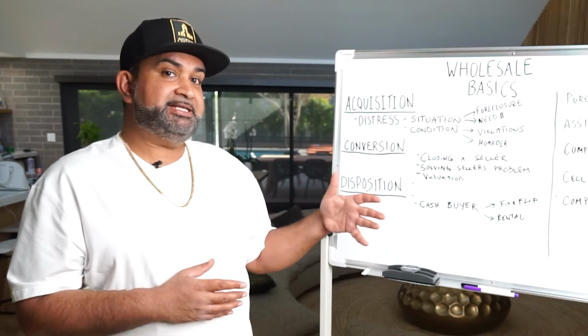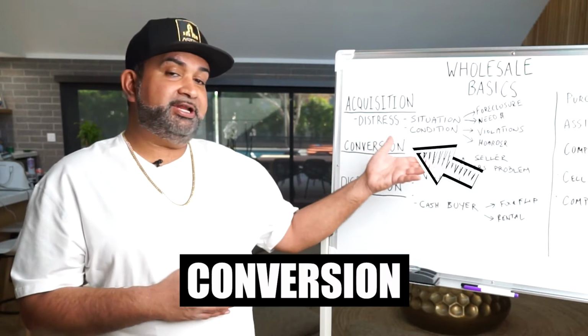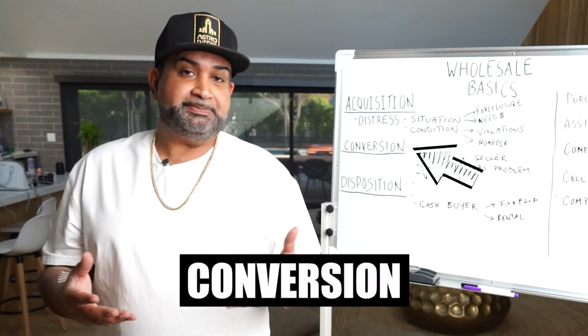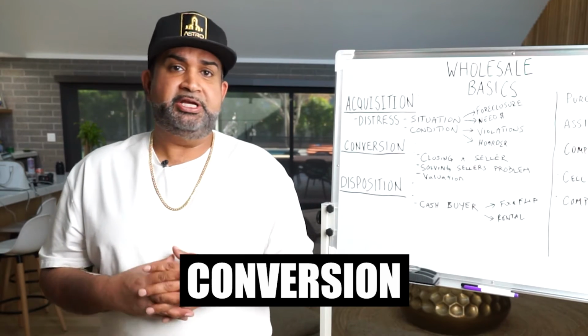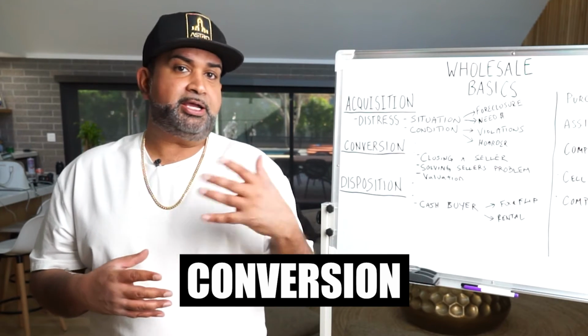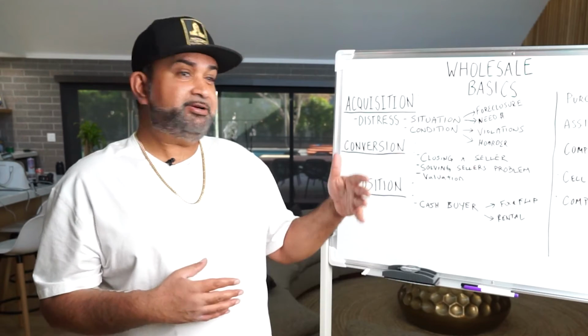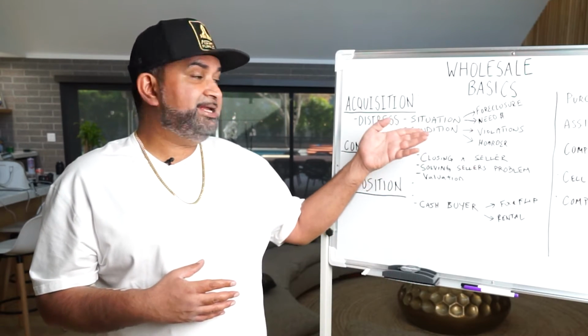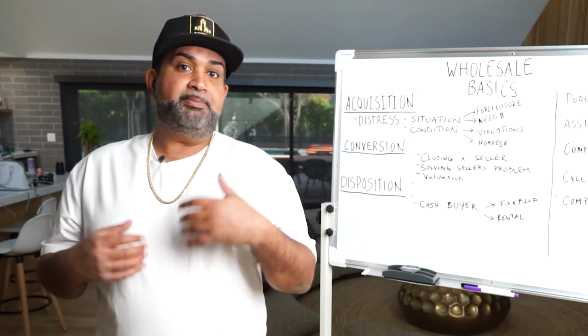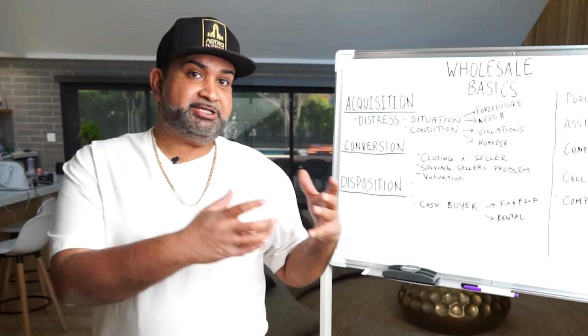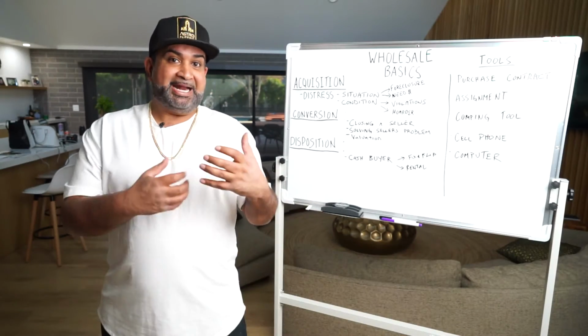The next process in wholesaling is converting that seller into a contract. So what we do as wholesalers is we communicate with homeowners. We're talking to homeowners and finding out, is there any situational distress or condition distress that we can identify so that we can purchase this property at a discount?